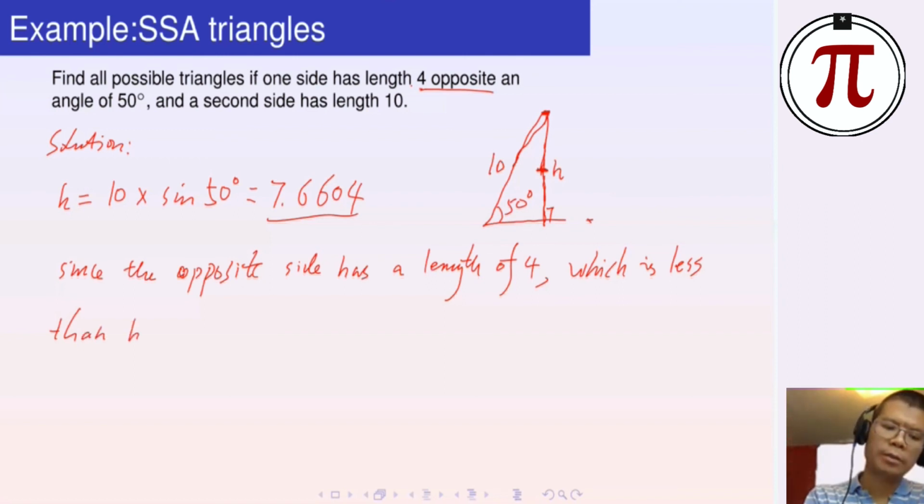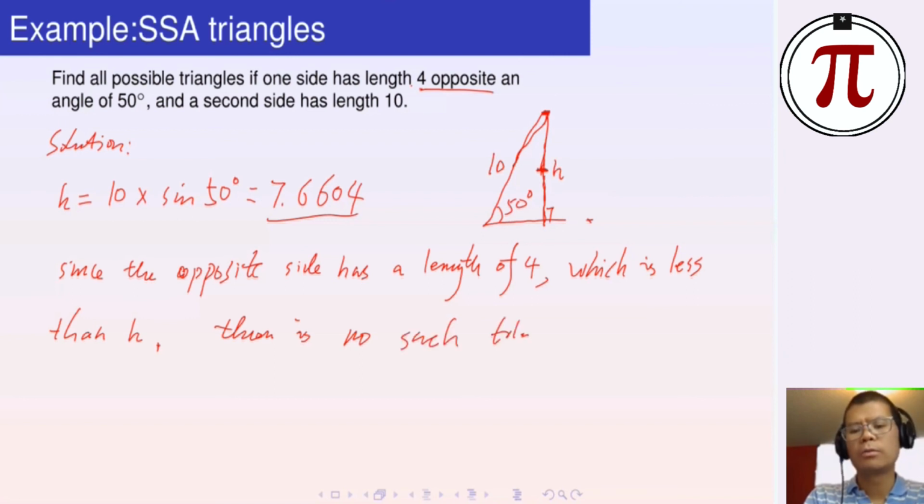So it is impossible, there's no triangle. No such triangle. So that's going to be the first case, case A.